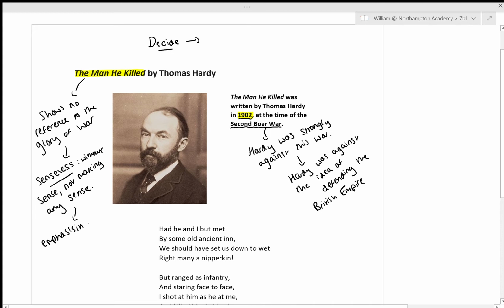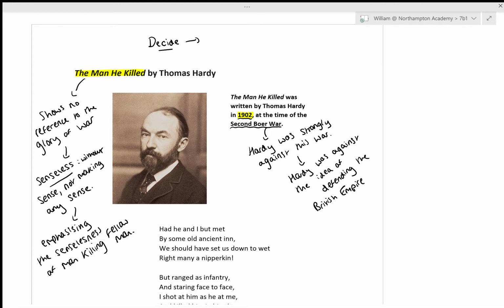You can make these notes along with me in your poetry anthologies. So this poem is not about the glory of war, but about how war is senseless, how it doesn't make any sense for men to be fighting each other.